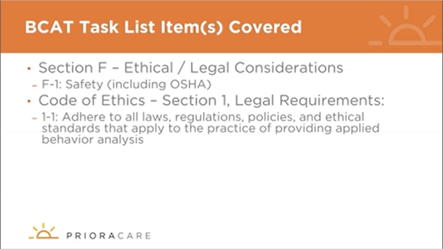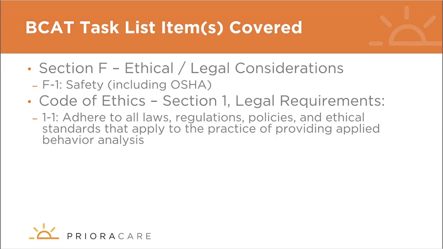This training also covered the Board-Certified Autism Technician, or BCAT, Task List Section F on ethical and legal considerations, specifically F-1, Safety, including OSHA. It also covered the BCAT Code of Ethics Section 1, Legal Requirements, specifically 1-1, adhere to all laws, regulations, policies, and ethical standards that apply to the practice of providing applied behavior analysis.